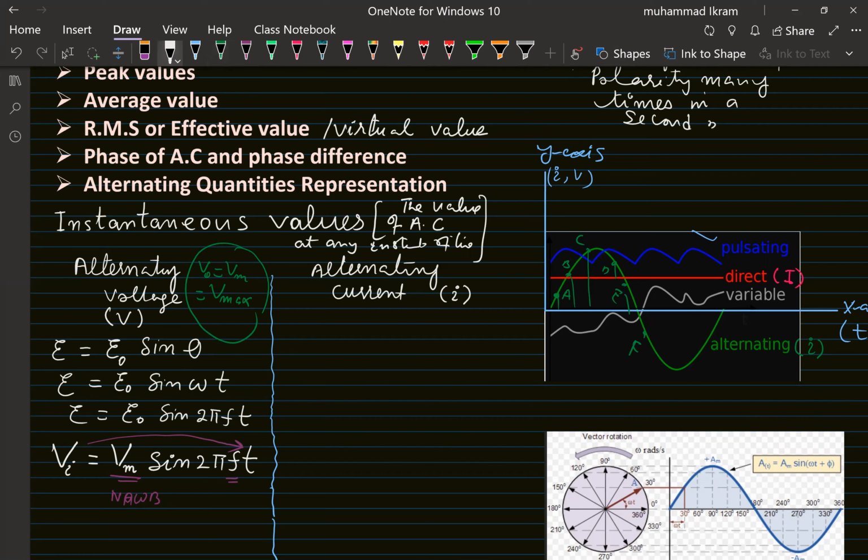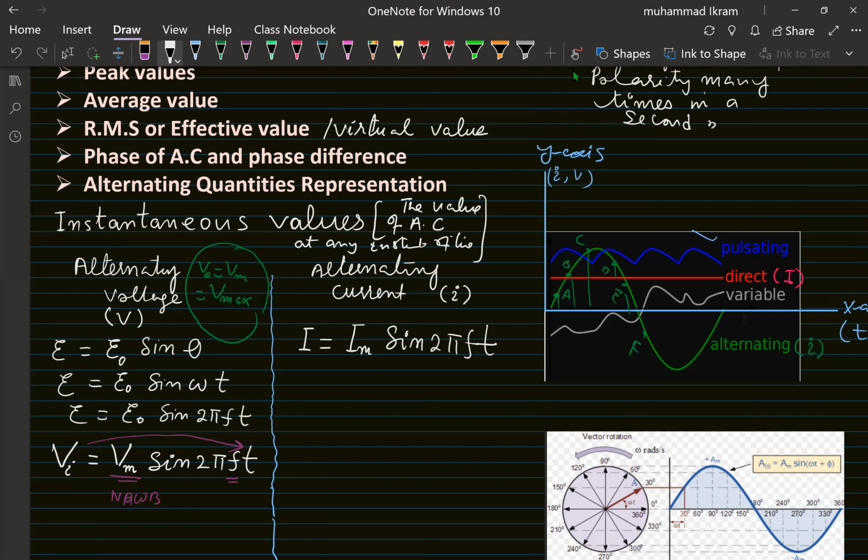Similarly, for the alternating current, I wouldn't like to go any further, but it is very simple. i will be equal to I naught or I max into sine 2 pi f t, right?